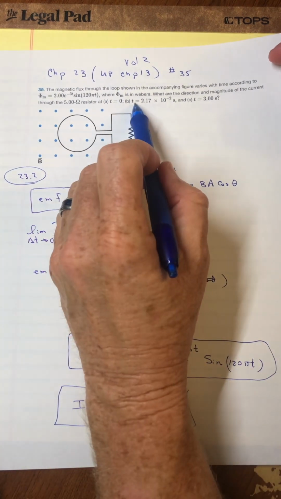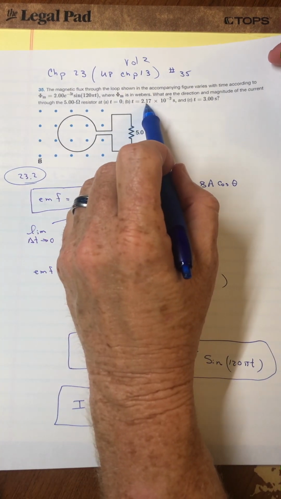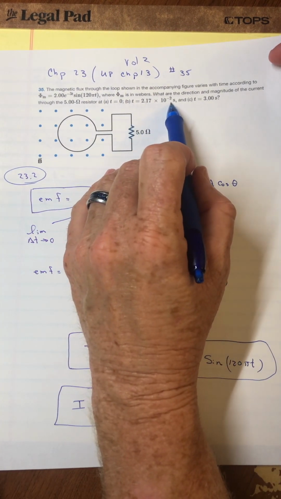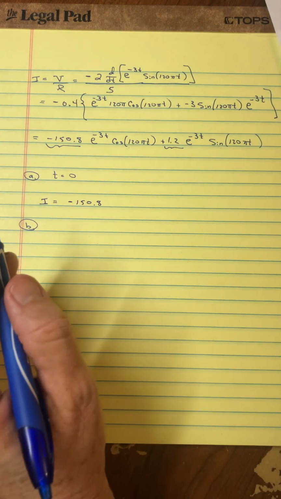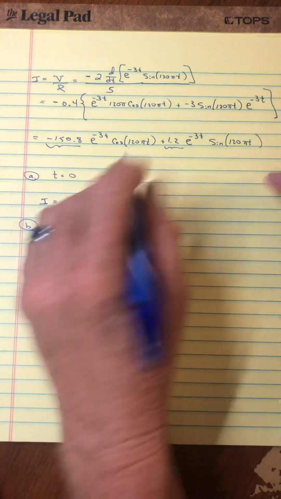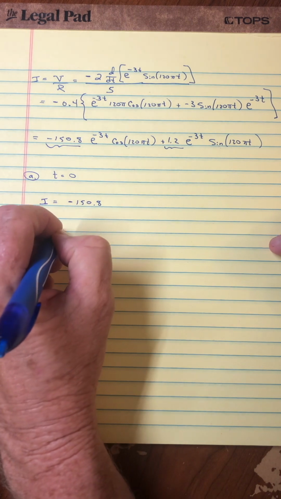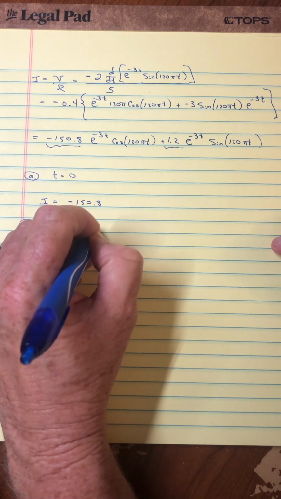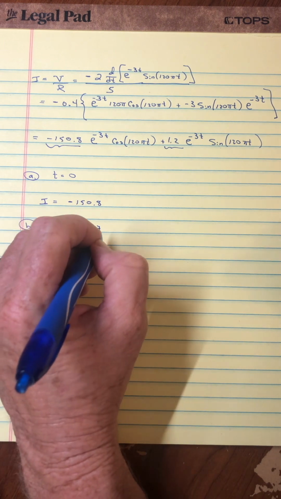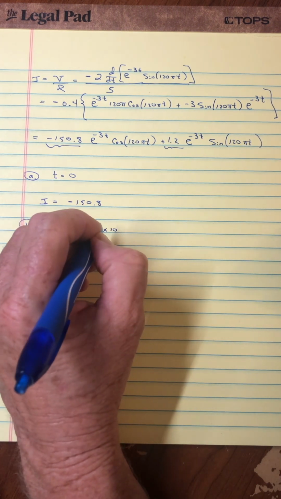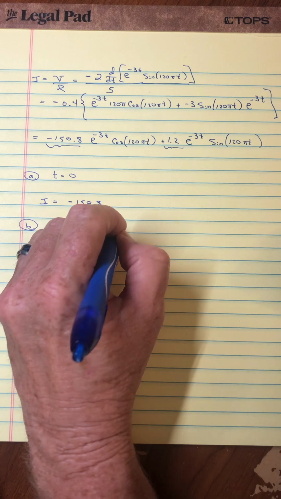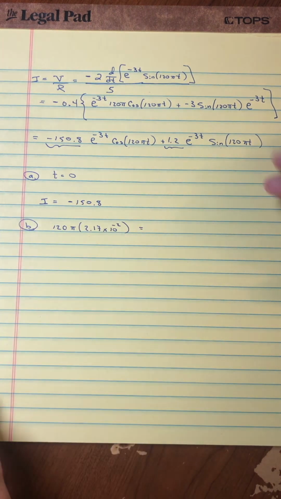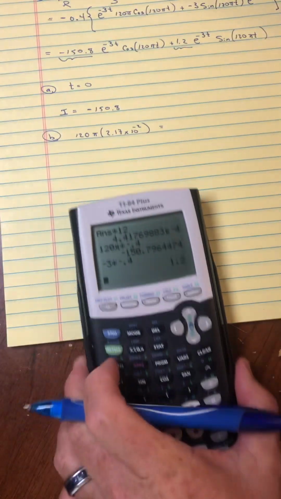Now, another one is 2.17 times 10 to the minus 2. And maybe since this goes to the same, maybe I'll put 120 pi times 2.17 times 10 to the minus 2. And I'm kind of curious if anything's kind of interesting about that one.